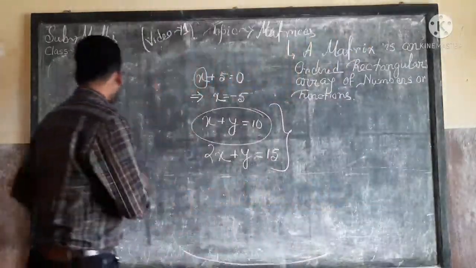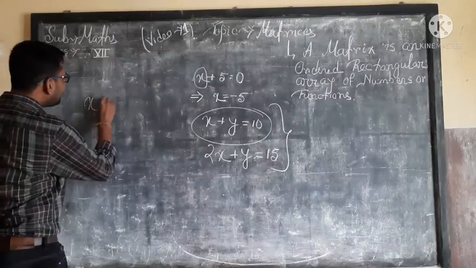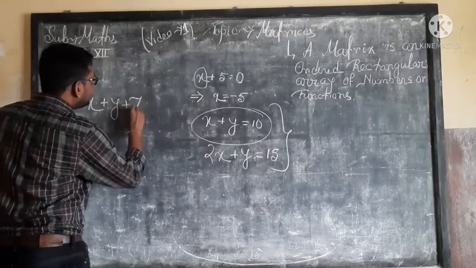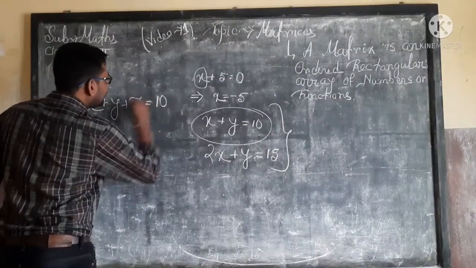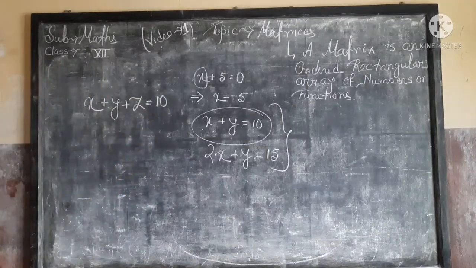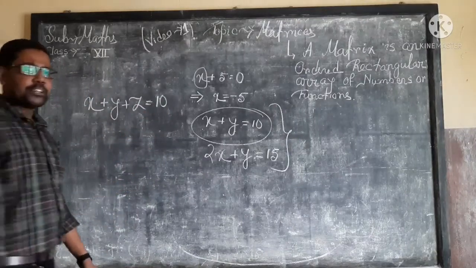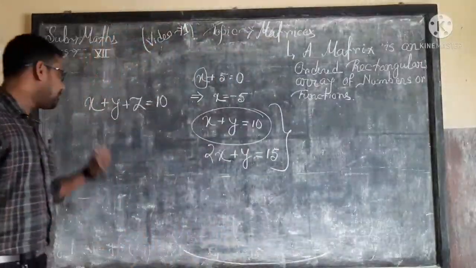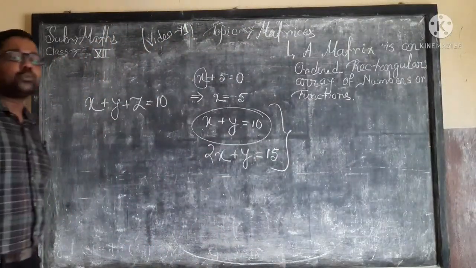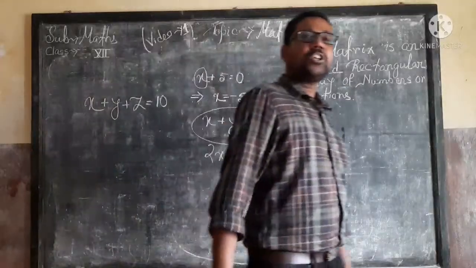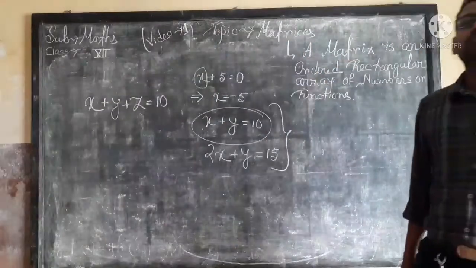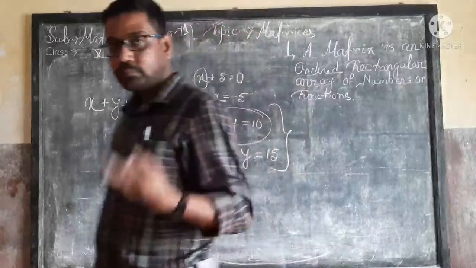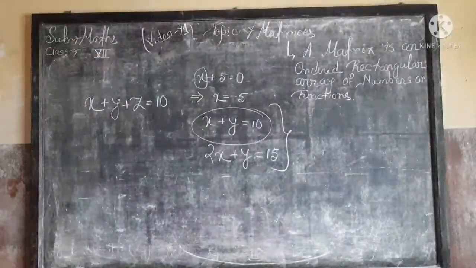Suppose you consider this, which is also a linear equation, but this time it involves three unknown variables, and to find the value of each variable, we need a minimum of three linear equations.